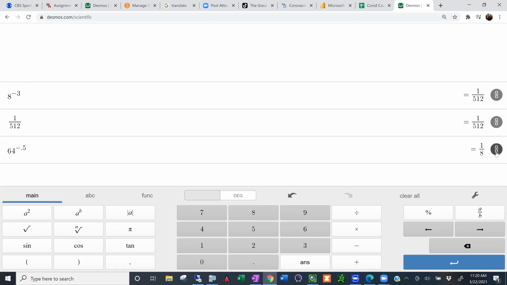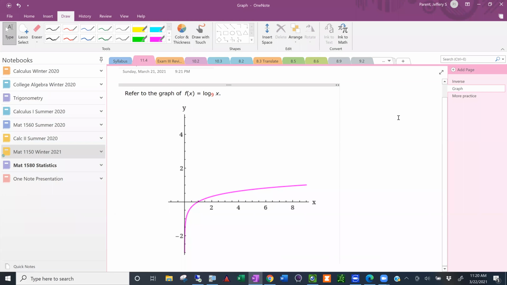Now, another thing that you're going to see in your homework is going to ask you to graph things here. So for instance, they're going to ask you to graph, say, f of x equals log base 9 of x. And that's a little bit of a challenge. I'll give you 2 different ways to work it.